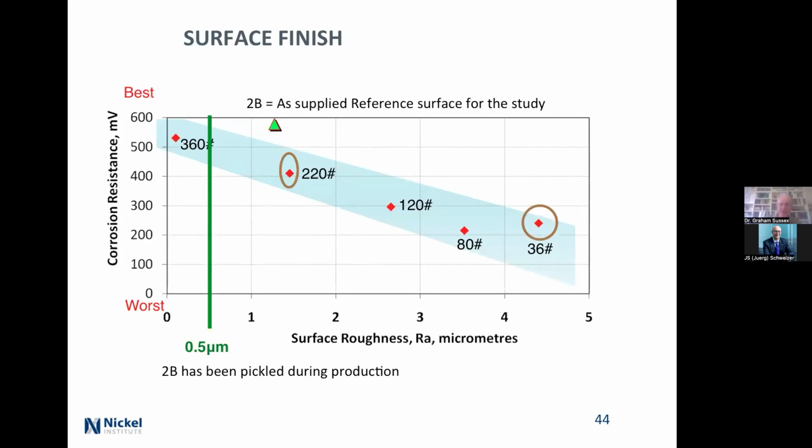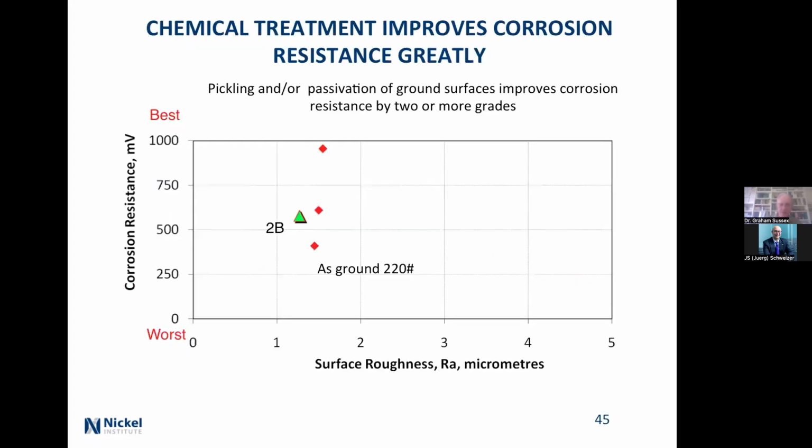Let's chemically treat them. We have to change the scale because the corrosion resistance is a bit higher. We start off with the 220. It's down around here as ground. If we pickle it, then it's about there, which is about where a 2B would be. And a 2B has the last thing that's done to it, hot rolled, annealed, and pickled, and then skin passed, but it doesn't make much difference.